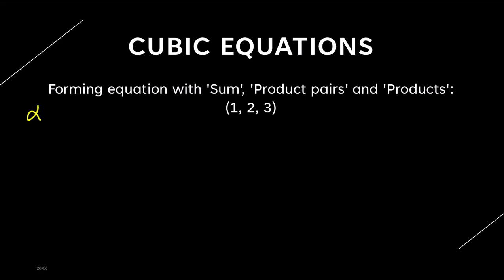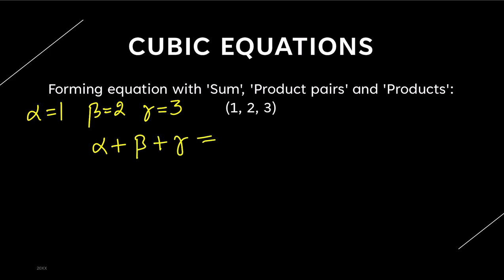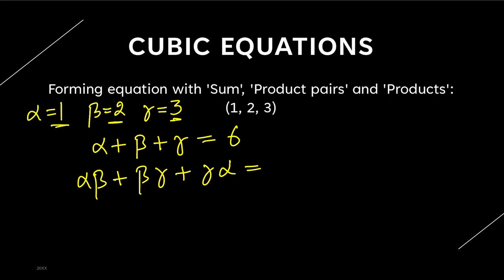So if alpha is 1, beta is 2 and gamma is 3. If this is the case, first tell me alpha plus beta plus gamma is what? Just do the summation. 1 plus 2 plus 3 is 6. Alpha beta plus beta gamma plus gamma alpha is, this is the sum of the roots, SOR.